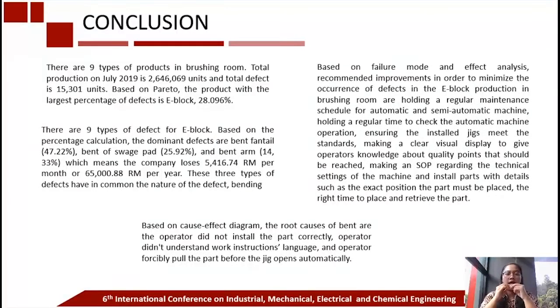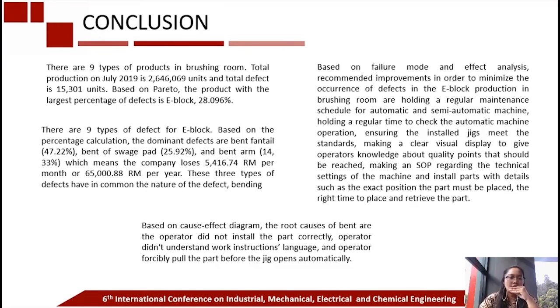So the conclusion of this research is, first, there are 9 types of products in the brushing room. The total production in July reached 2 million units, and the total defect is 550,000 units. Based on Pareto, the product with the largest percentage of defects is E-block, reaching 28%.